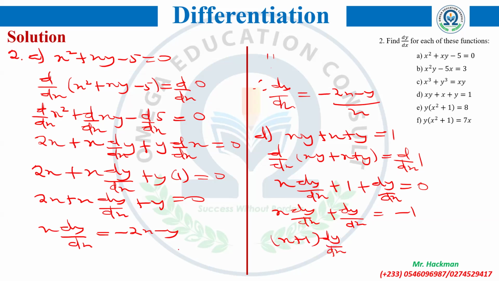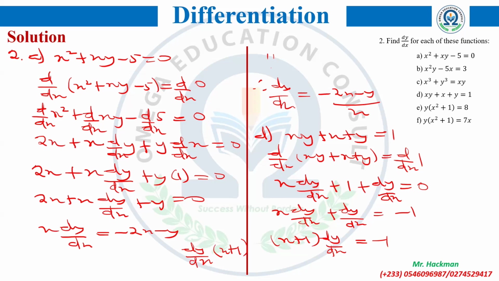Or you can also write dy/dx out, then x + 1 is the same thing, multiplication is commutative. Then you divide through by x + 1. Is that clear? Is my point well made?